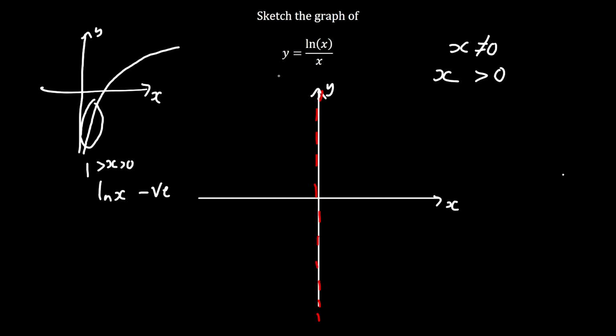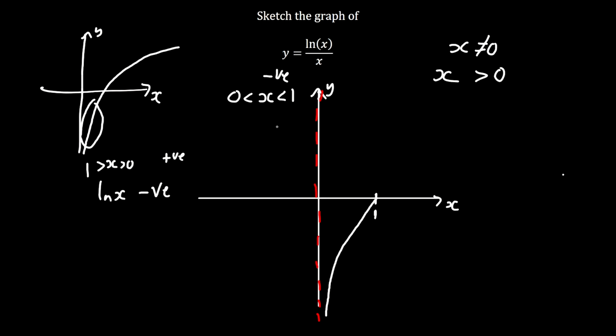Now, for when x is less than 1 and greater than 0, x is also positive. So that means the function natural log of x over x must be negative for x being less than 1 but greater than 0. And 1 would be the root.